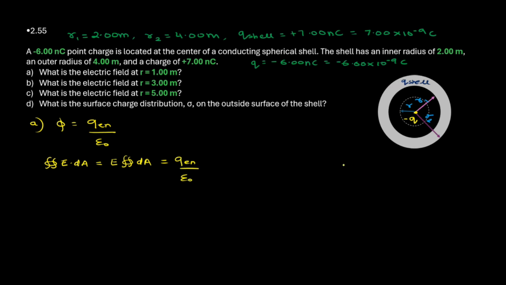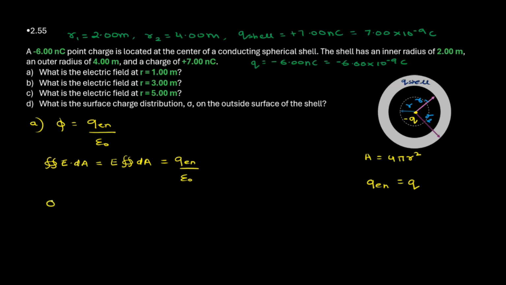Now, since my Gaussian surface is spherical, its surface area A will be 4 pi r squared, where r is the radius of the Gaussian surface, whereas the charge enclosed by the Gaussian surface is Q, where the value of Q is negative 6 nanocoulomb. So I will substitute this in my expression for flux.